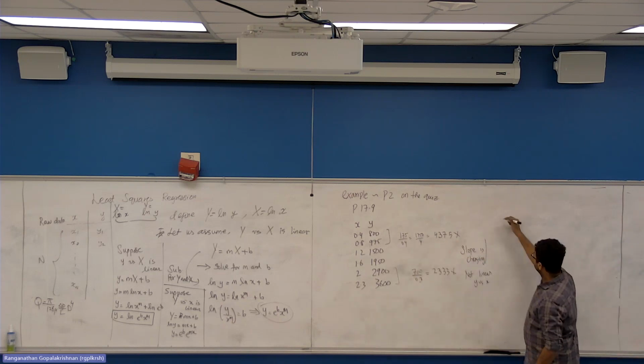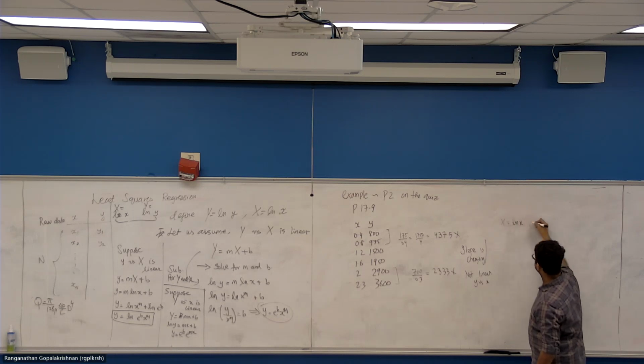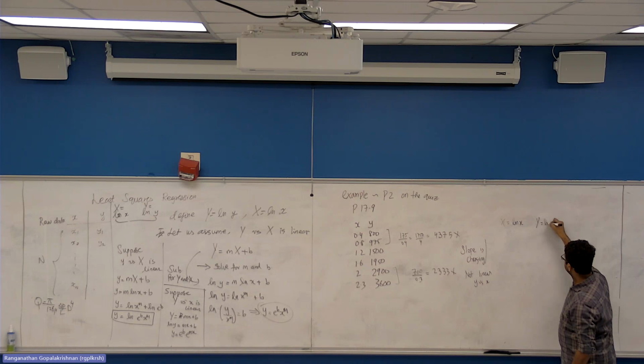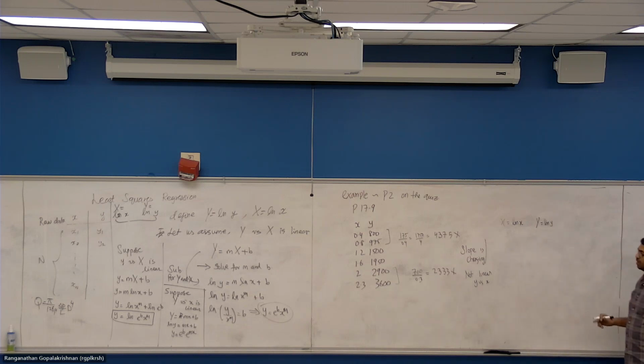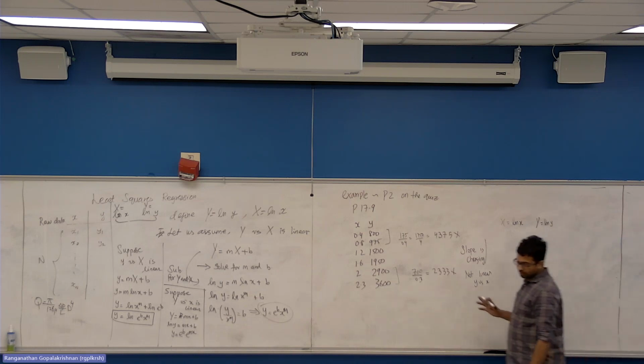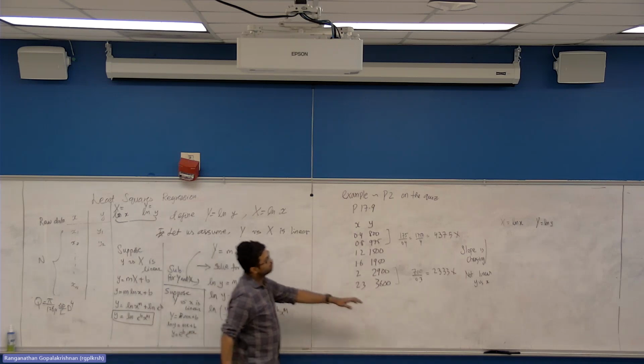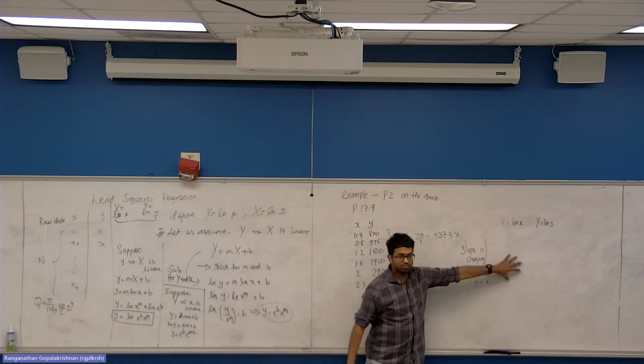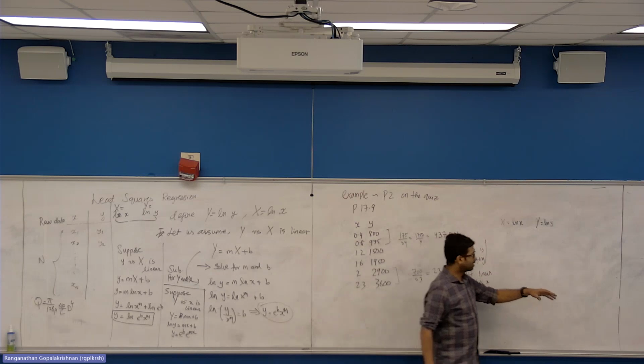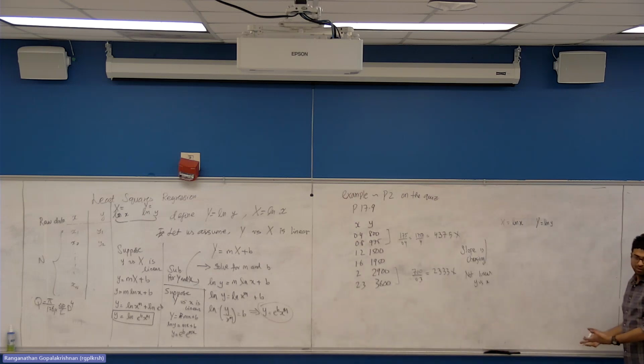So then you would have, let's say, x equal to ln x and y equal to ln y. So the problem statement can be worded in a couple of ways. One is I might just give you this column, which is your clue to seeing that the data is not linear. If it were linear, I don't need to give you this.